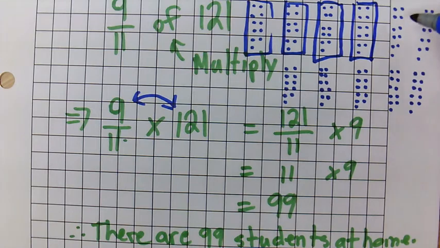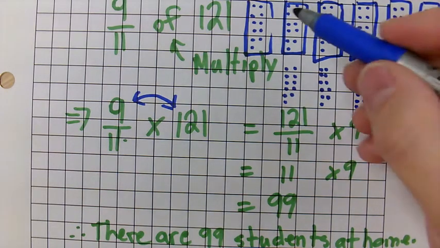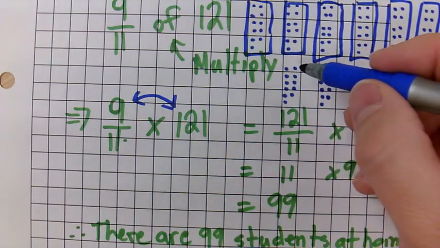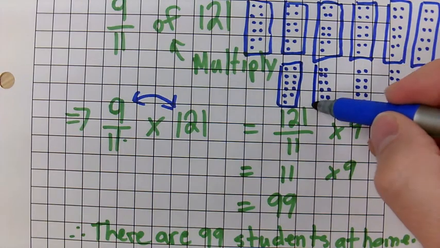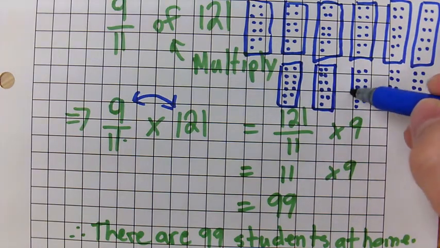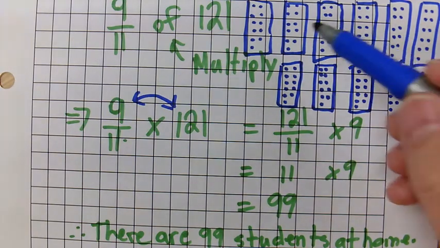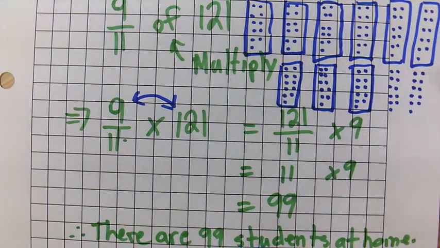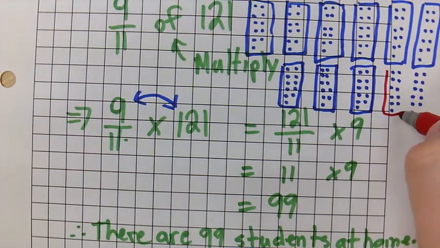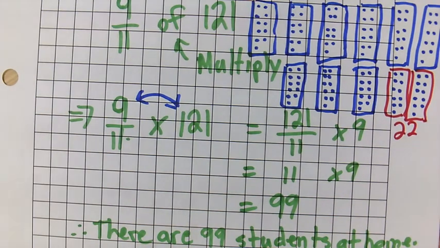And look how many are in each of these groups. There's 11 in each of these groups. And if I circle 9 of the groups with blue and count up all the dots in there, you'd be left with 99, which is how many are at home. And then if you counted up these ones here, this would be the 22 that are at school that day. Let's pray that never happens.